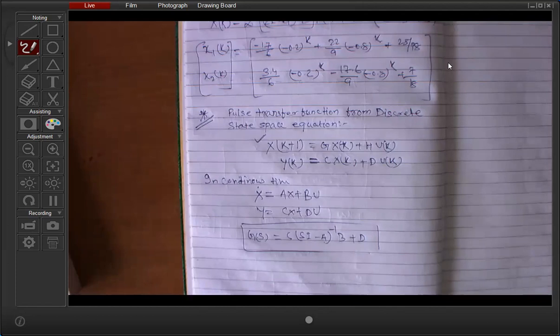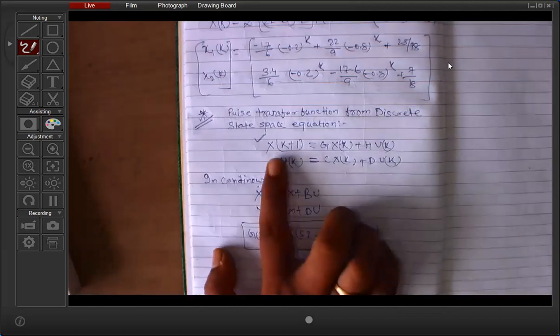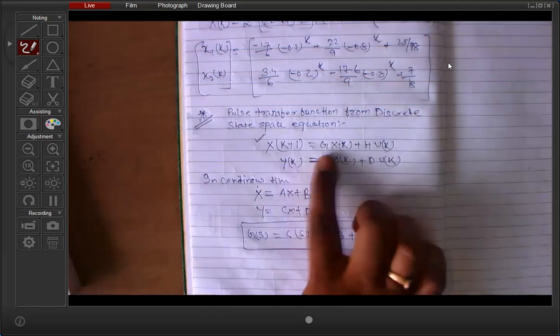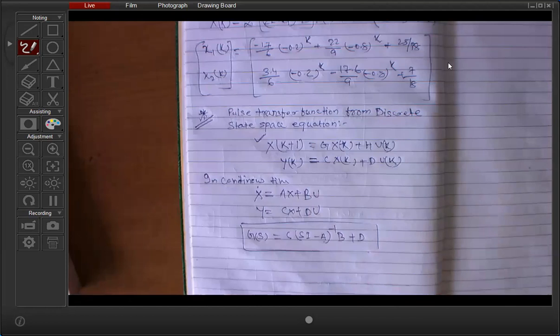So this part is known as transfer function to state space conversion. In the last class I told you there are 4 methods: controllable canonical, observable canonical, diagonal method. How can you represent any pulse transfer function in state space equation? Now you know the state space equation of the discrete system, that is you know the G, H, C, D matrices. Now we have to find out the pulse transfer function of the given system.